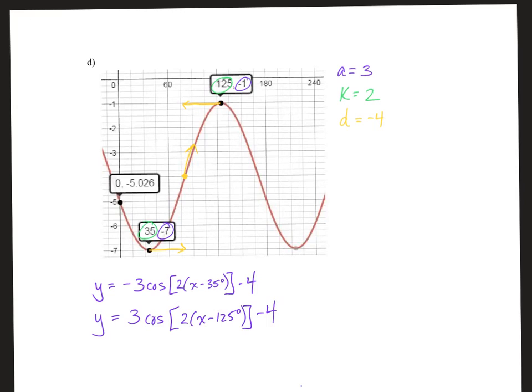So since they are 90 degrees apart, if I go 45 degrees from one side or the other, then I will arrive at the middle. That's going to give me an x value of 80 degrees. And so if I was to build that, then I know I could use a positive sine curve that is phase shifted 80 degrees to the right.